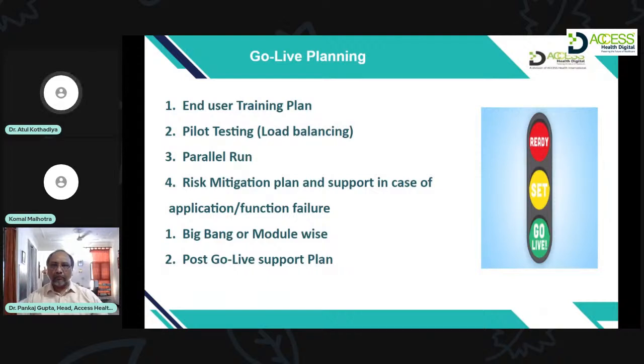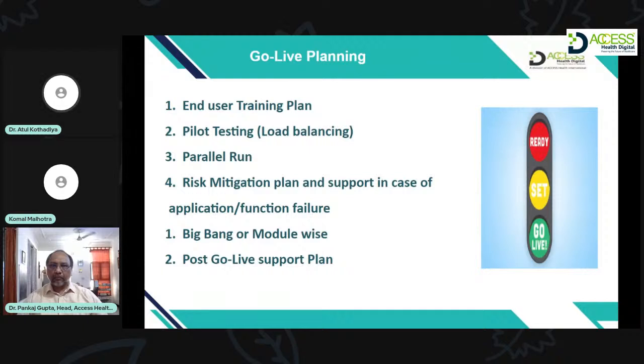So this is go live planning, where there is the end user training plan or pilot testing, and also load balancing, checking whether the software is handling the entire data correctly, because it all depends on the number of users logged in to the system and how much data is being captured at the same time.